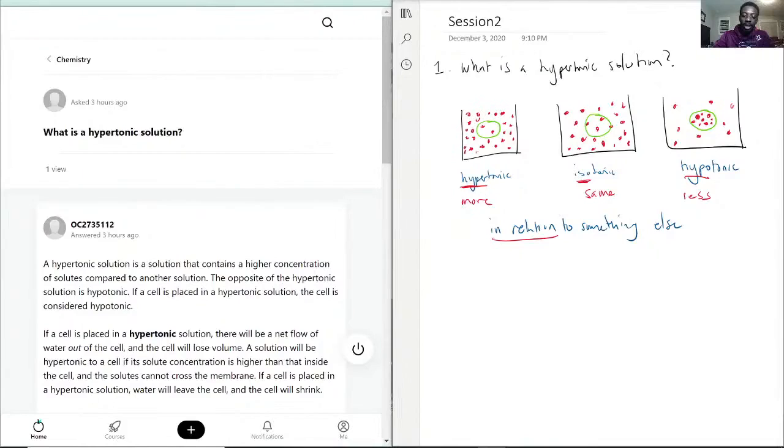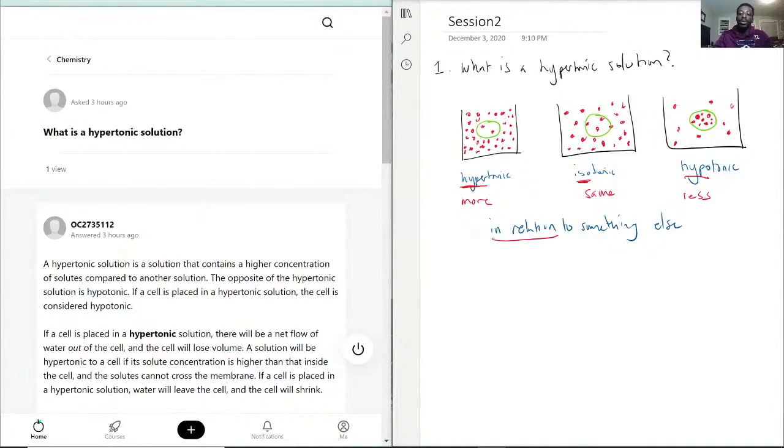This would be an example of a hypertonic solution. The solution has more solutes, so dissolved things, relative to the system inside of it, which is the ball. So here we have the three distributions.